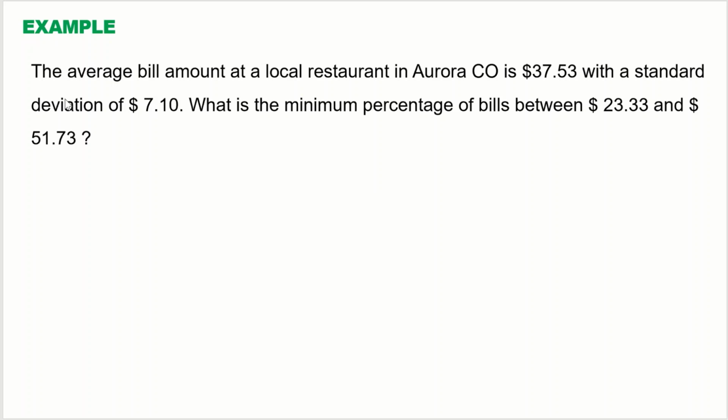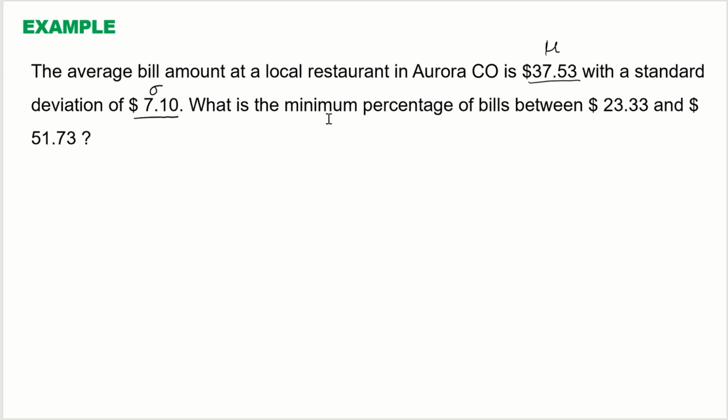Here is the example. The average bill amount at a local restaurant in Aurora, Colorado is $37.53 with a standard deviation of 7.10. So they have given the mean 37.53 and the standard deviation 7.10. We have to find the minimum percentage.